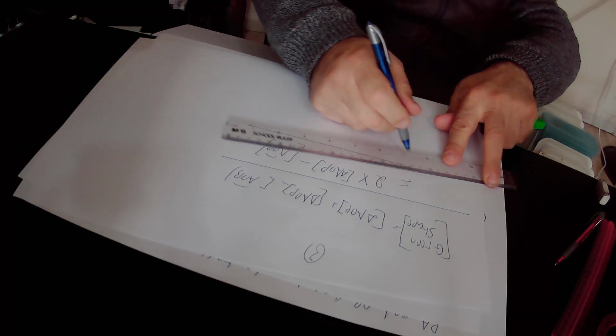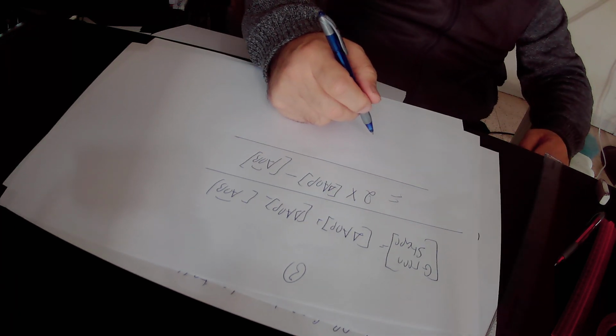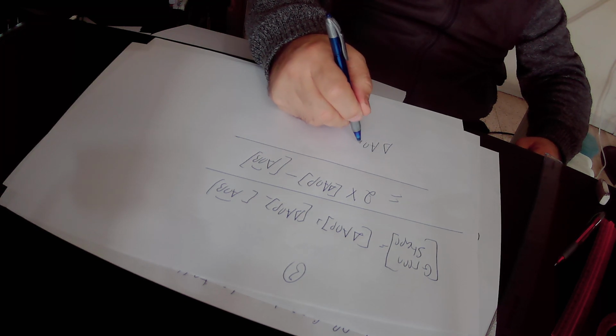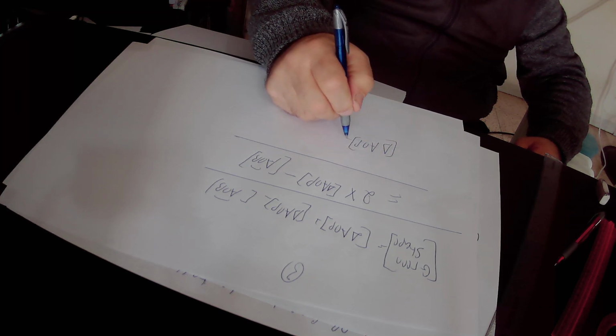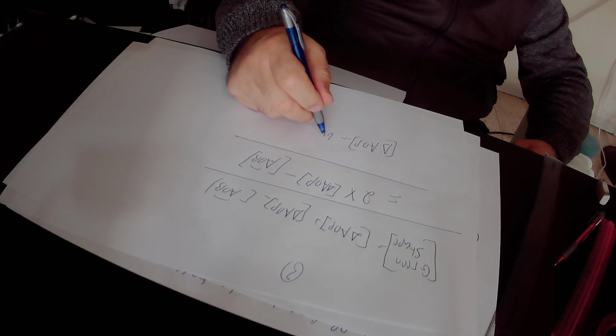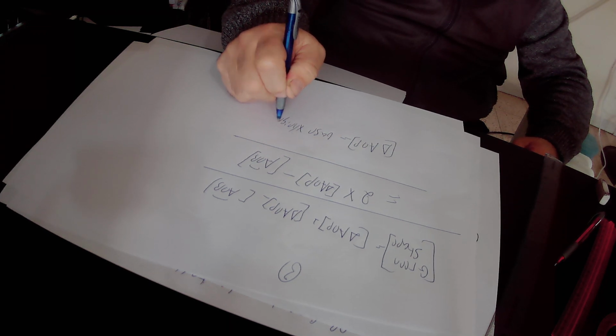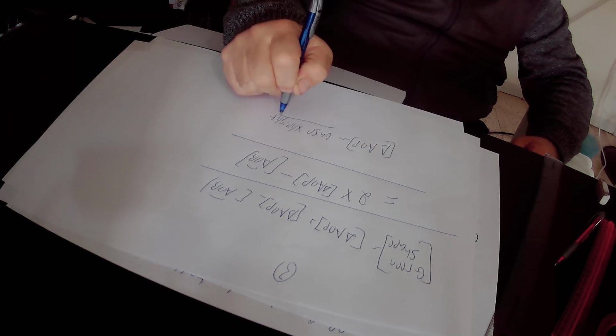Now we find out the area of triangle AOP. The area of triangle AOP is equal to the area of any triangle, which equals the base of the triangle times the height to the base over 2.